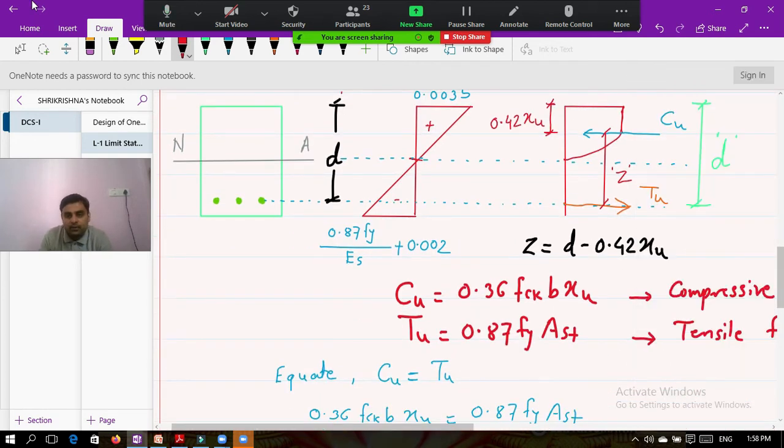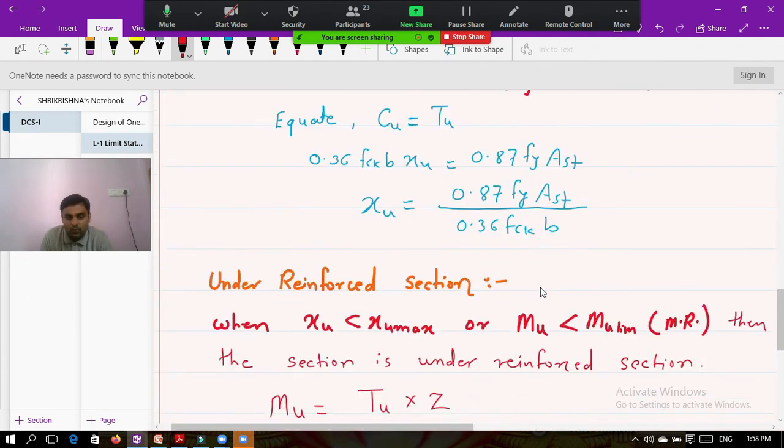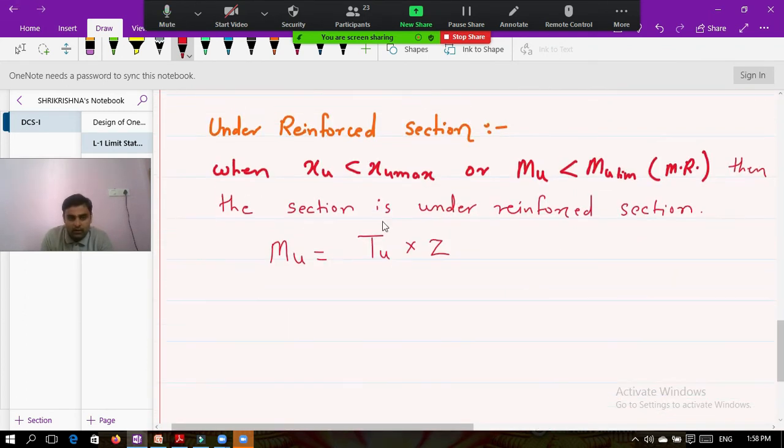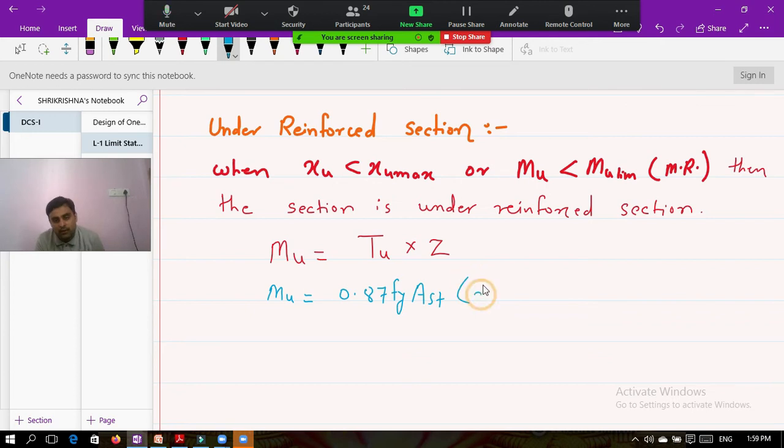Okay, so if I put the value over here, then what do we get? Mu is equal to, what is TU? TU we have just calculated, 0.87 Fy into AST. This is the value of TU. And what is the value of Z? It is d minus 0.42 x.